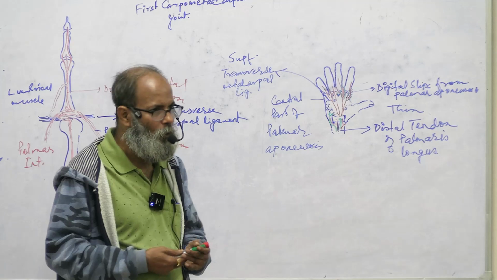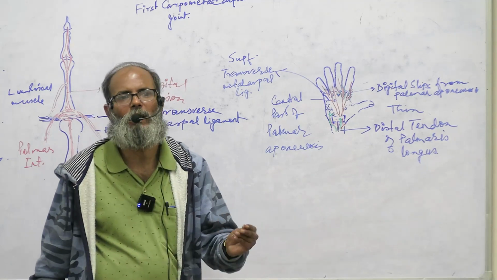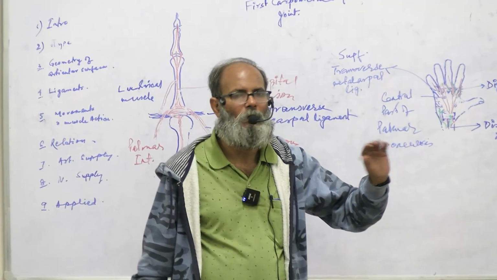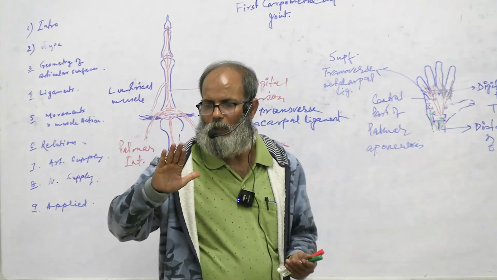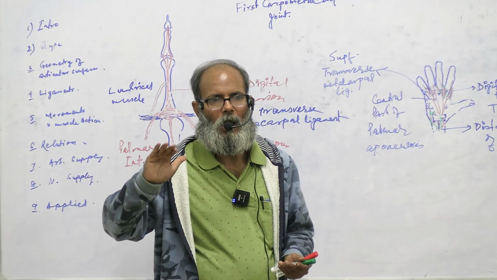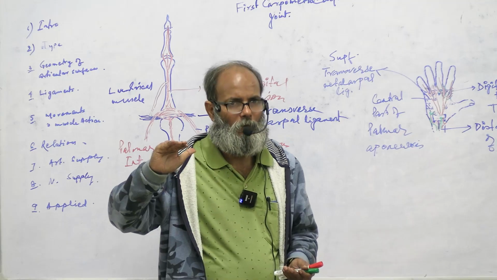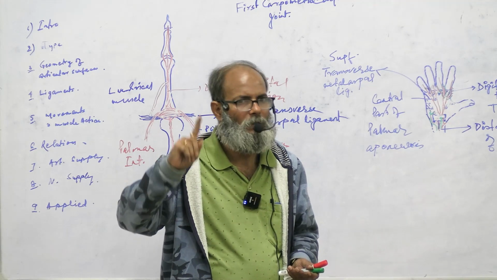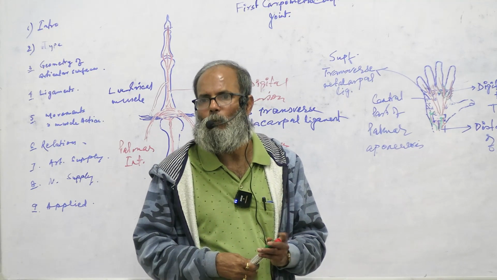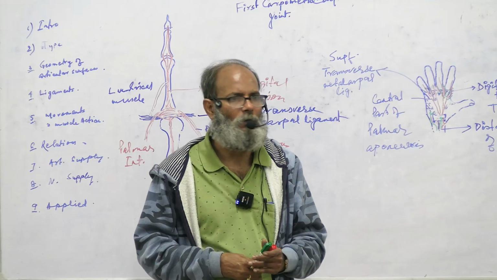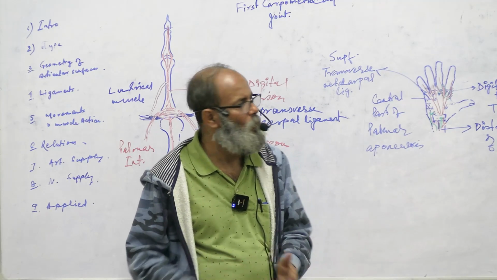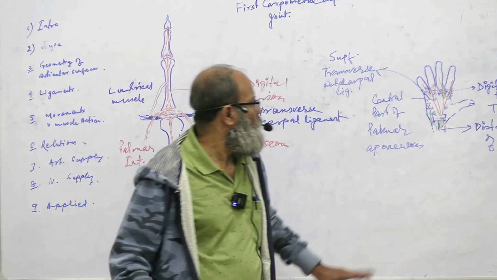Both lumbricals and interossei are flexors of the metacarpophalangeal joint and extensors of the interphalangeal joint, whereas the lumbrical is a more potent flexor of the joint. Done? All right.